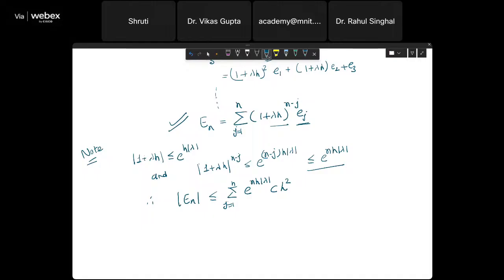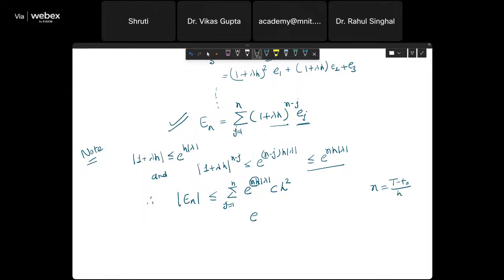Now this nh part we can write as the difference of the final time and the initial time, right? Again with the same argument that n is equal to (t minus t naught) over h. So nh is going to be t minus t naught. So this will become e to the power (t minus t naught) mod lambda, h is vanished.